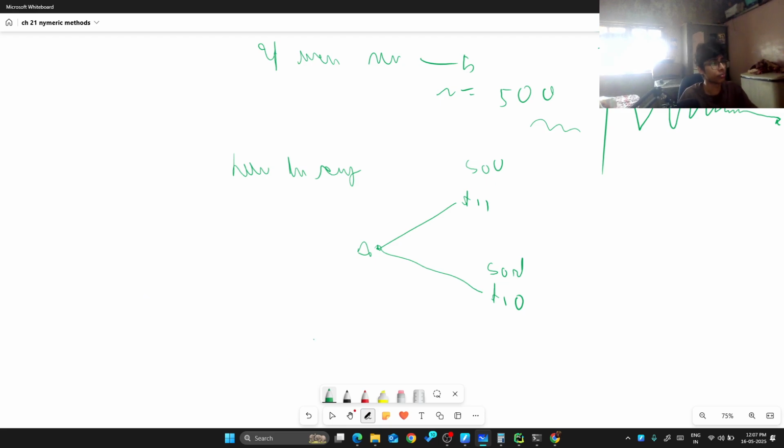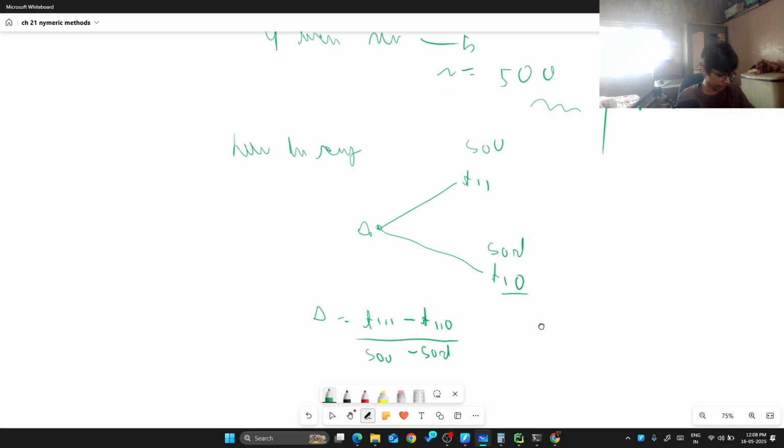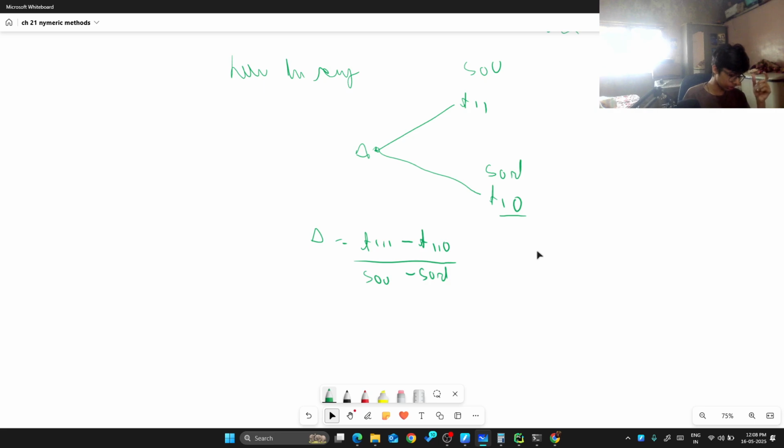The option price change is f11 minus f10 upon delta S, that is S0 up minus S0 down. Just simple. So to find the delta is easy.